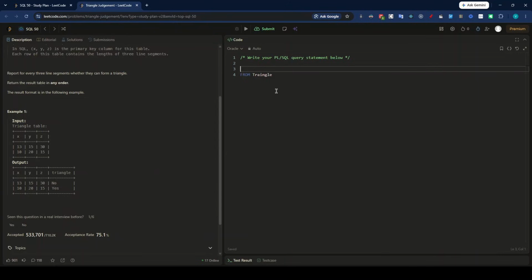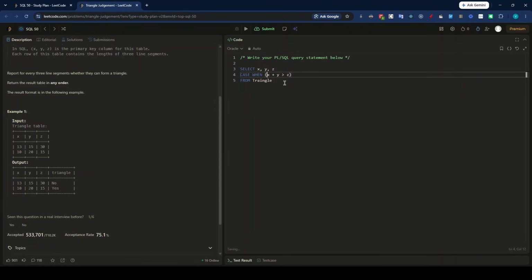Very sorry. I'll be selecting columns x, y, z. Yes, guys, I need all these columns x, y and z. And now I need a case when statement, because I need to check if it forms a triangle or not. So I'll start with case when x plus y should be greater than z. This is one condition, right?